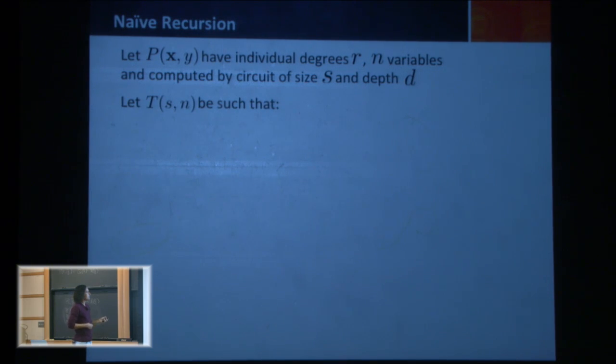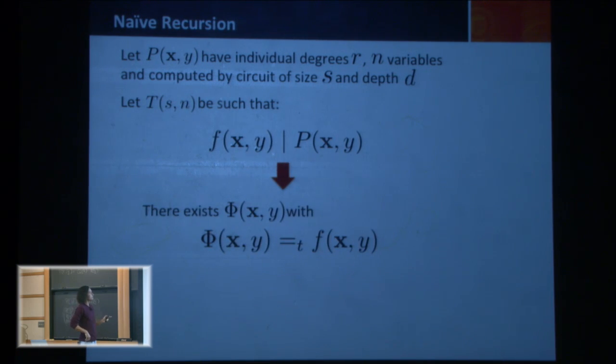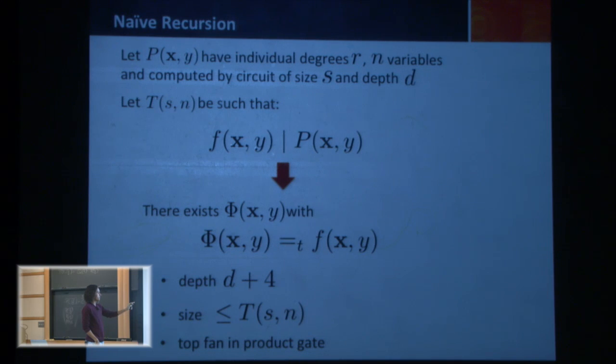Now let T(s, n) be an upper bound on the following thing. Suppose that f is a factor, and there exists a circuit phi that approximates f such that the depth of phi is d plus 4, its size is bounded by this quantity T(s, n), and the top fan-in is a product gate. You want to show that the depth does not increase in this iteration, right? I want to show that the size does not increase.